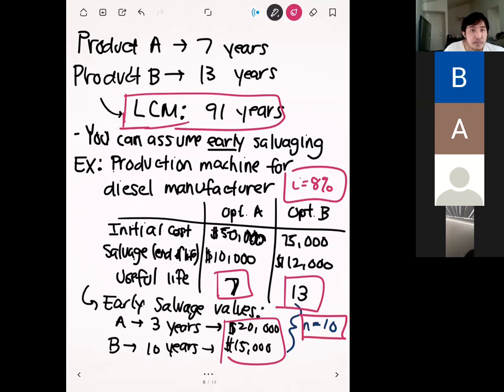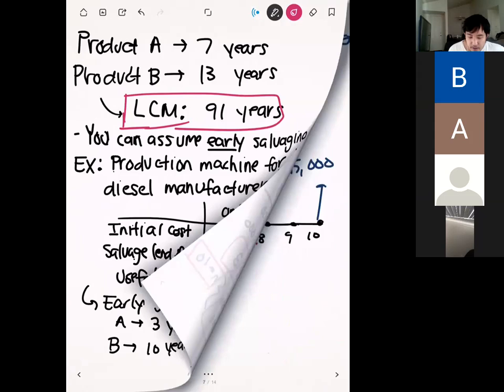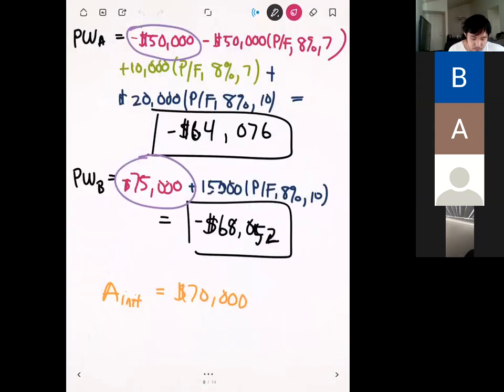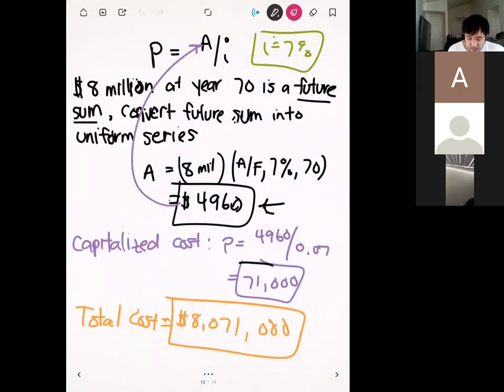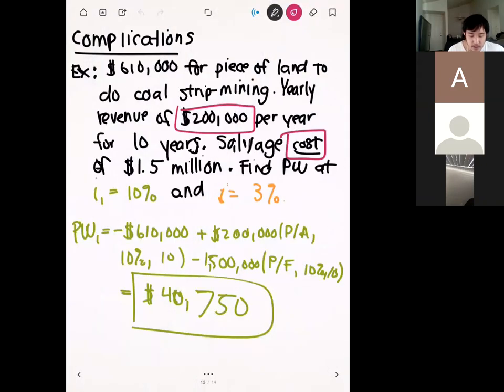Professor, I'm still a little bit confused about the present worth. So the only way it would be reliable is if the interest rate is the same for both? It would be reliable if the decision that we make is the same for both. For the last example here, the decision we want to make is, do we want to invest in this land or not?